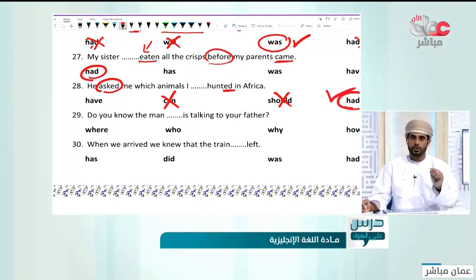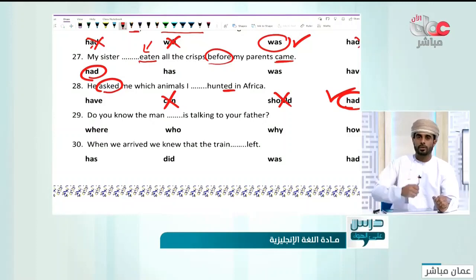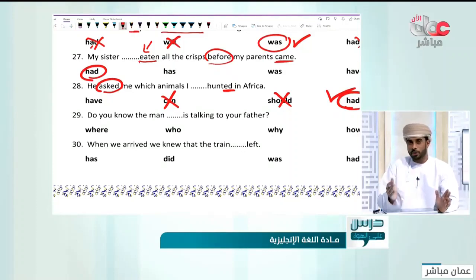Wow. So because of the word asked, we have changed the time and it became had hunted. So be careful with the words asked and said, mentioned, stated, shouted, whispered. We have talked about those words in the reported speech lesson. Nice.